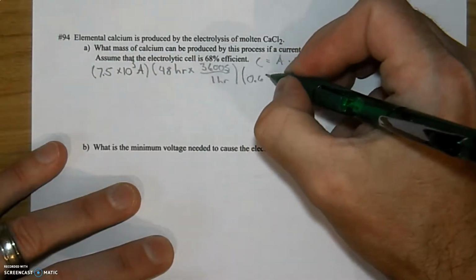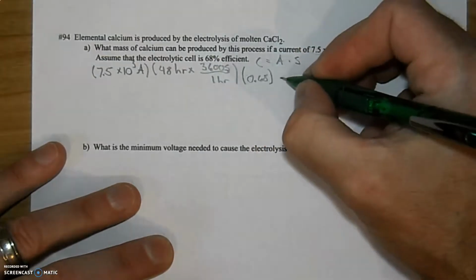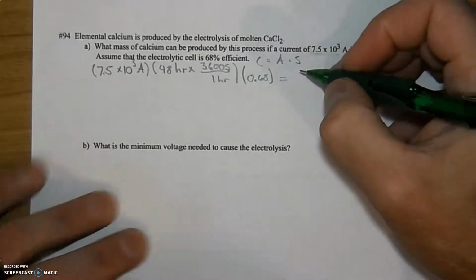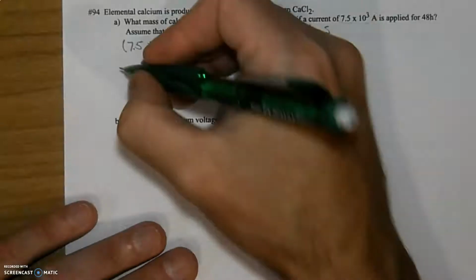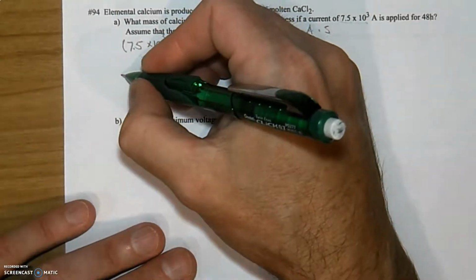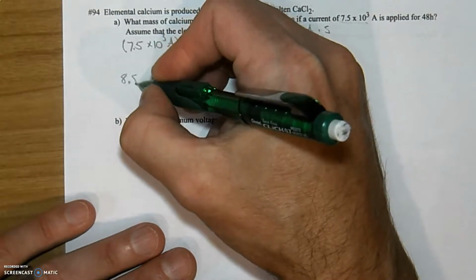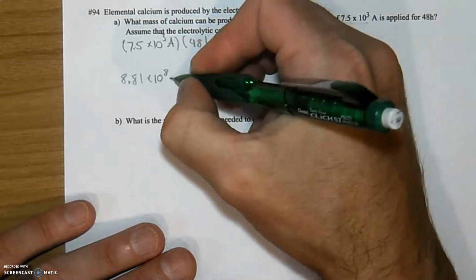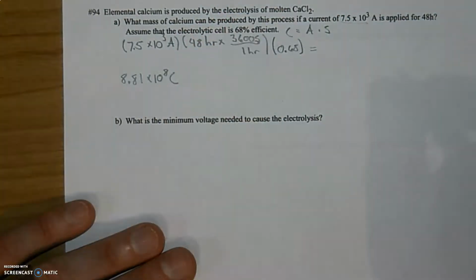So whatever answer I get, I didn't get it all. I only got 68% of it. And the value that's going to come churning out is going to be, I'm going to write it down here just so I can continue, 8.81 times 10 to the 8th coulombs. That's all I was able to capture in this process.